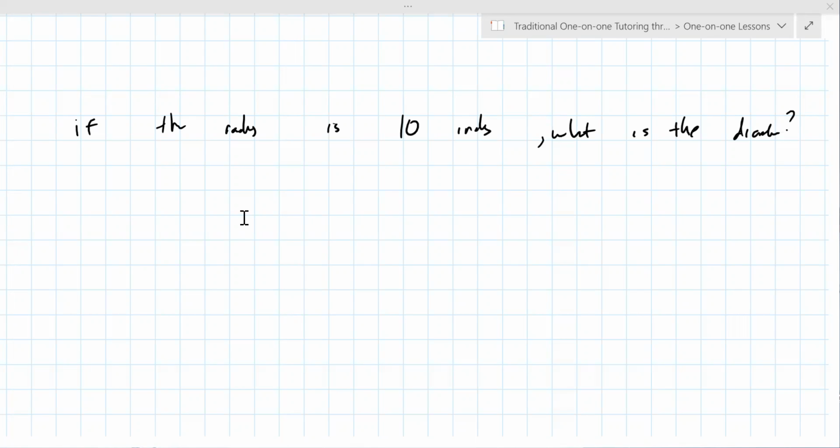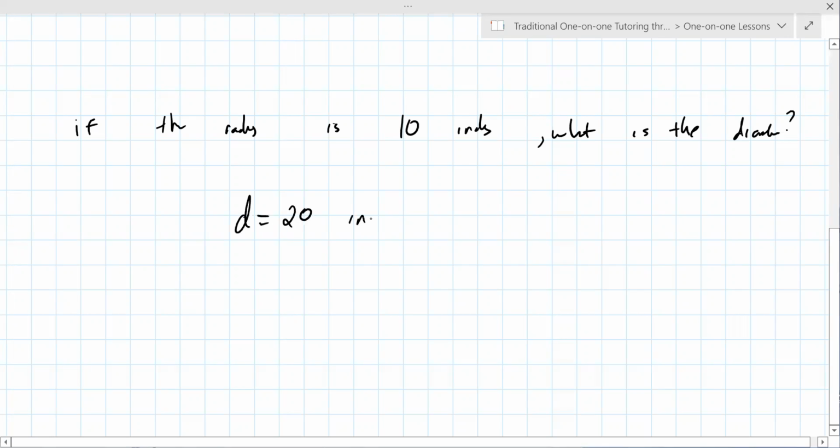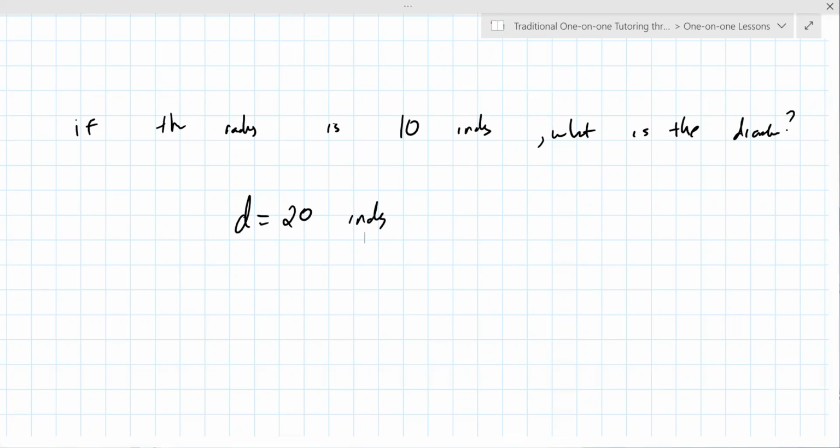Yes, the diameter is 20 inches. So what is the relationship between the radius and the diameter? What's the math operation? How do you go from 10 to 20? You multiply 10 by 2. Good.